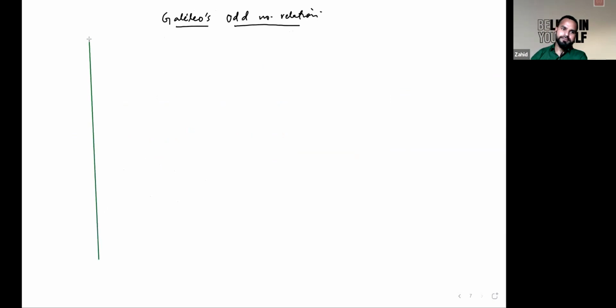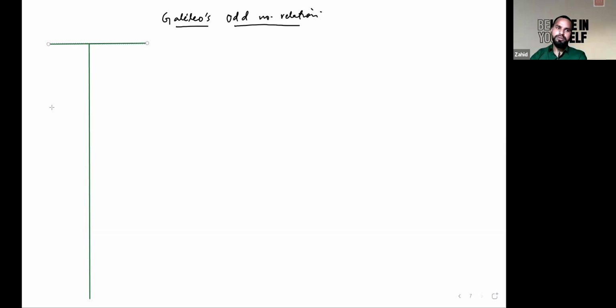Let's say a body is dropped from some height, from this point. So we have to calculate the height traveled or covered by this body for equal time gaps.